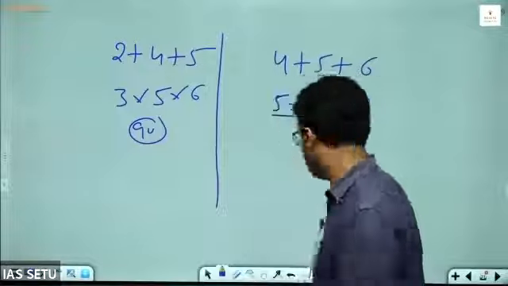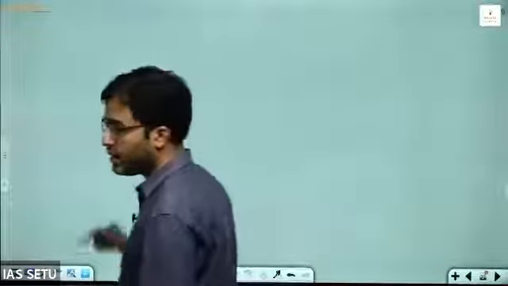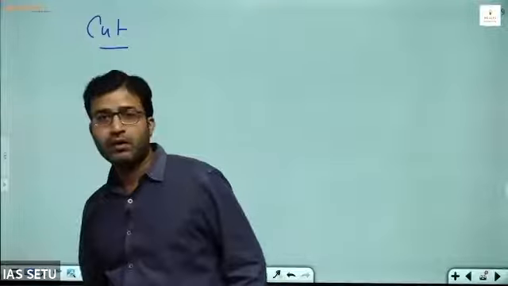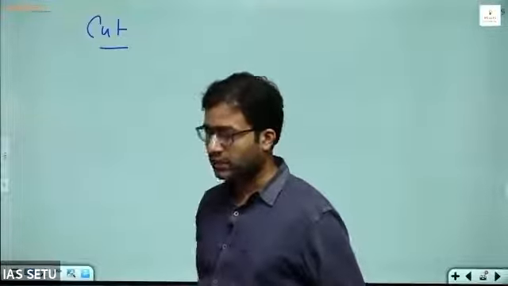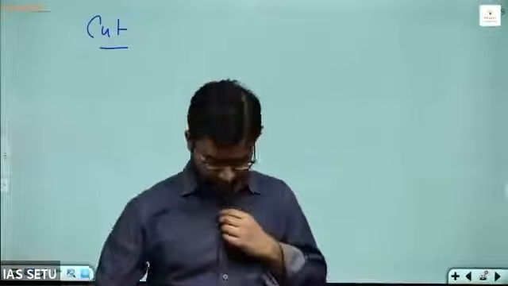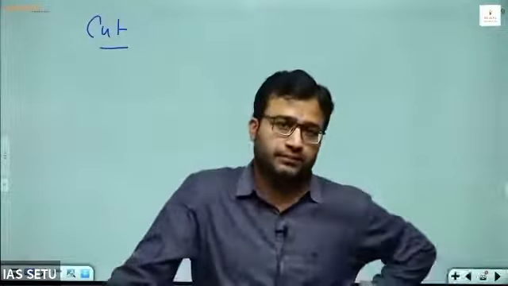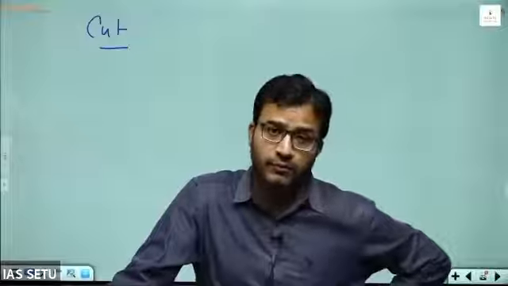Now next. Next is examiner will give you cut. Like I give you one table, and based on the table, I give you 2 observations. And these 2 observations are very, very important.